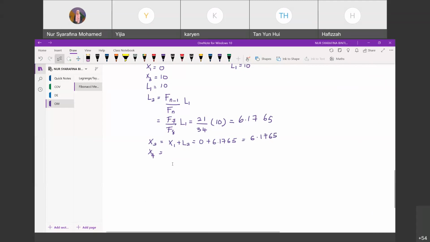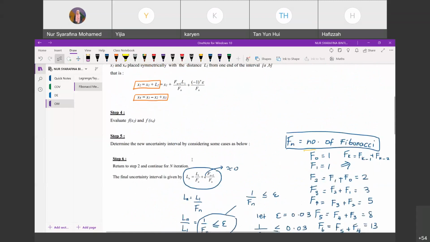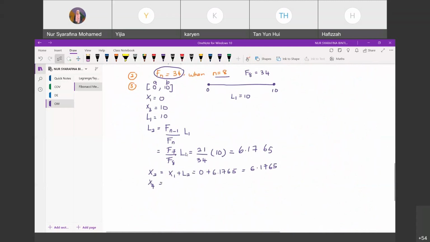And x4 is given by x1 minus x2 plus x3, zero minus x2 plus x3, which equals 3.824. So now, as you can see, in iteration number 1, we have started with the calculation.